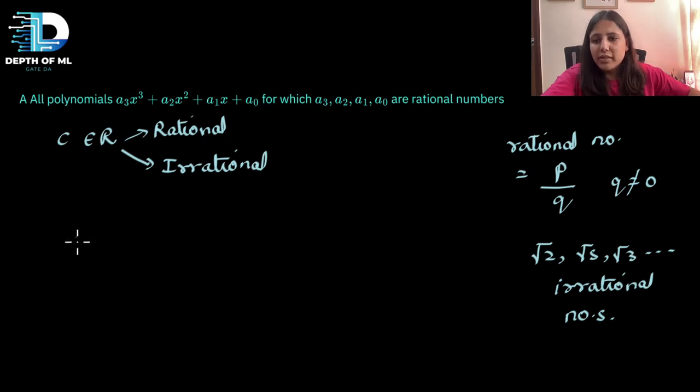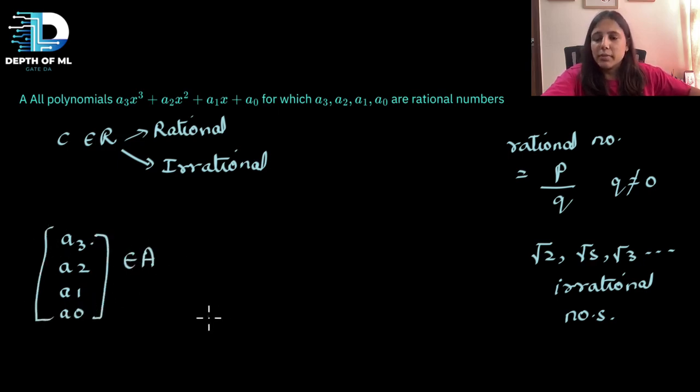So suppose I have a vector of this form, say a3, a2, a1, a0, which belongs to this set A. Let me call this A. Now I take c belongs to R. Let me take root 2. Now I will multiply this root 2 with a3, a2, a1, a0.